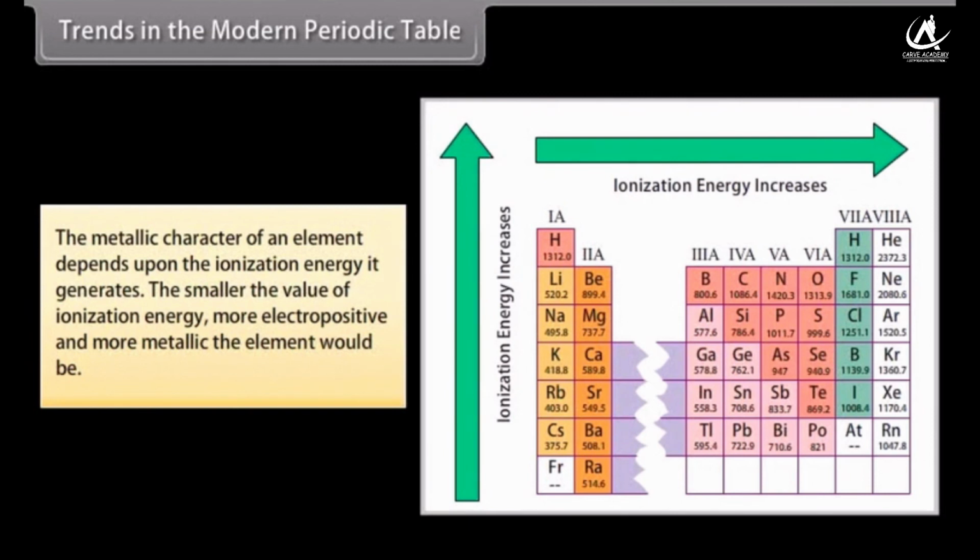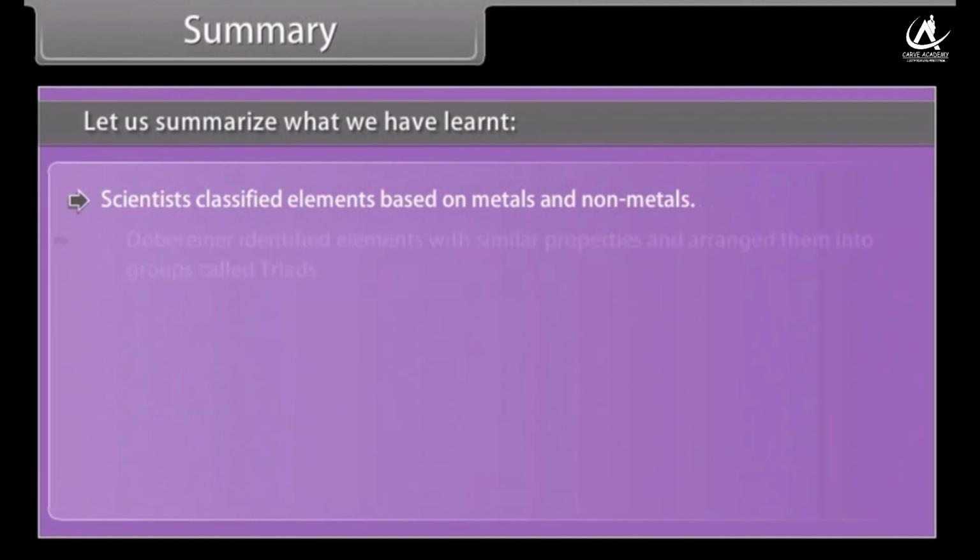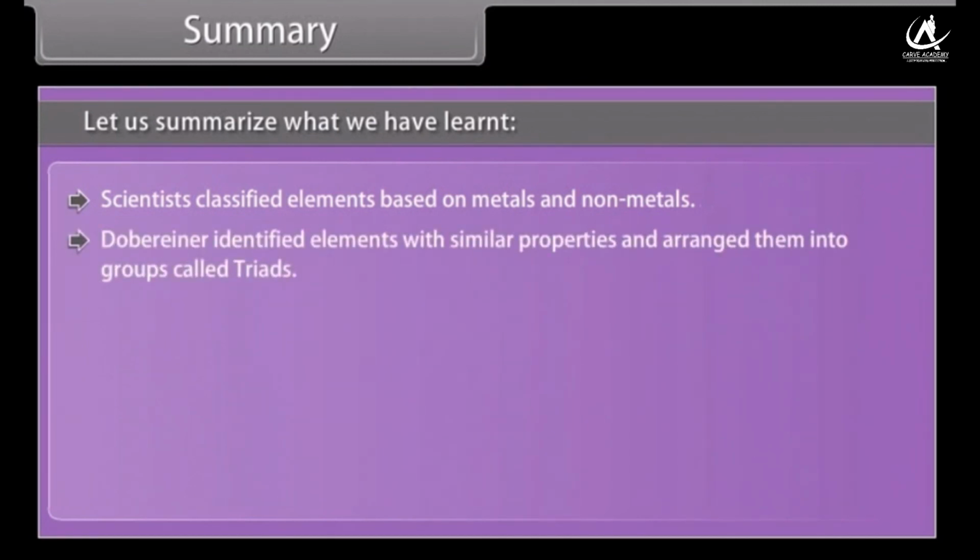Summary. Let us summarize what we have learned. Scientists classified elements based on metals and non-metals. Berzelius identified elements with similar properties and arranged them into groups called triads.